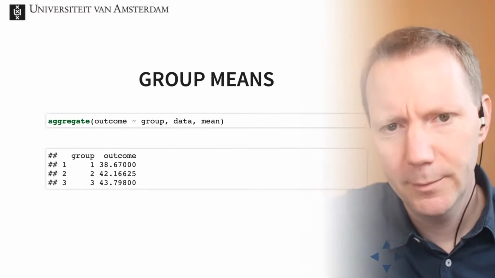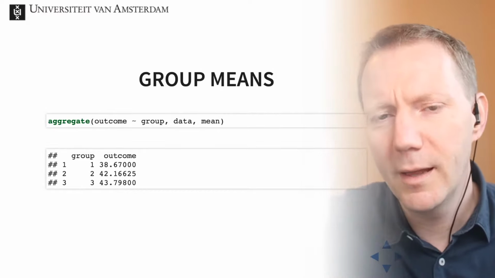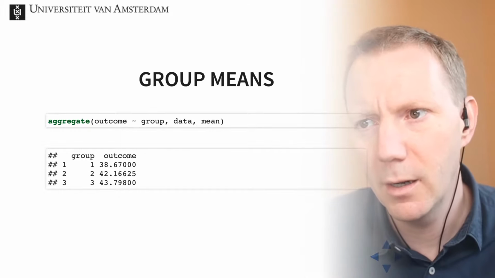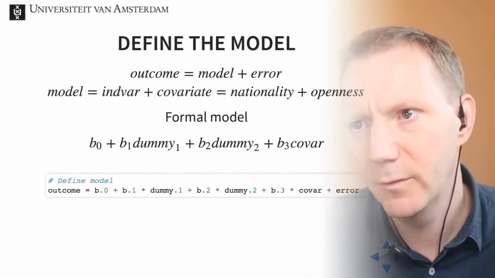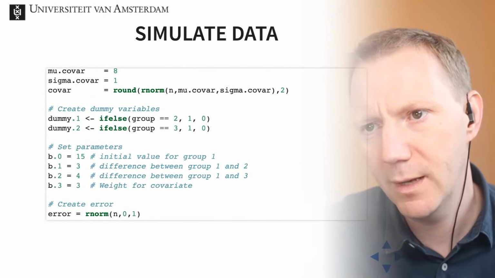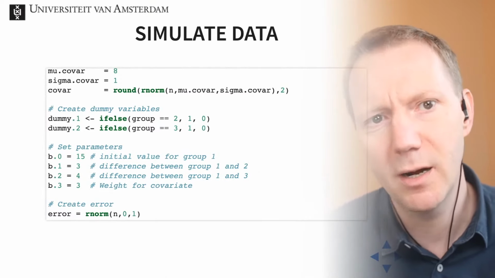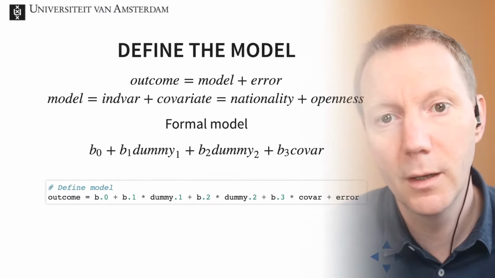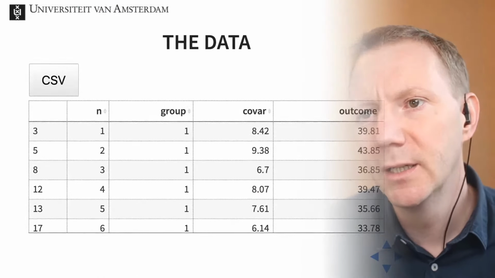So what you're seeing here is that the means in these three groups are totally not the means that we actually put in the model, because we put in 15, 18, and 19 as our means for our three groups.